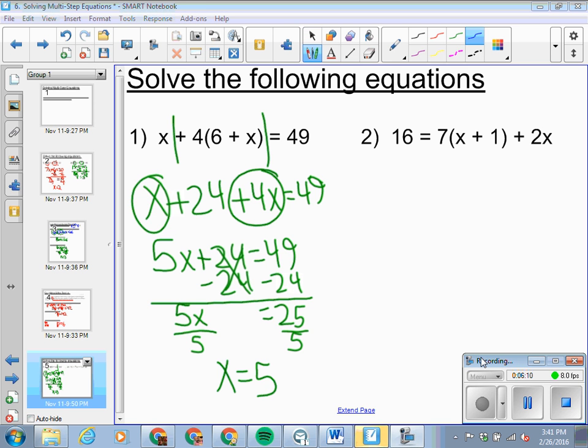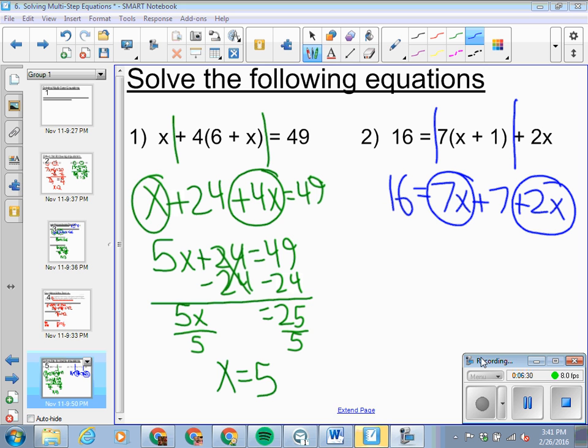Now over here, only difference is our total is on the left side. Doesn't really affect anything. We still work through and wall off our distributive property. Do that first. So 16 equals 7x plus 7 plus 2x. We've got our like terms. Combine 7x and 2x to give us 9x.